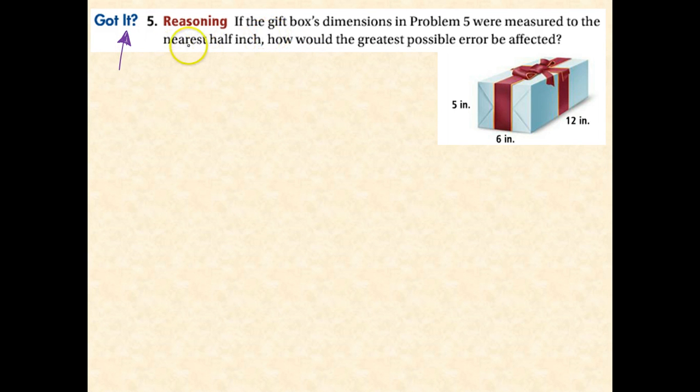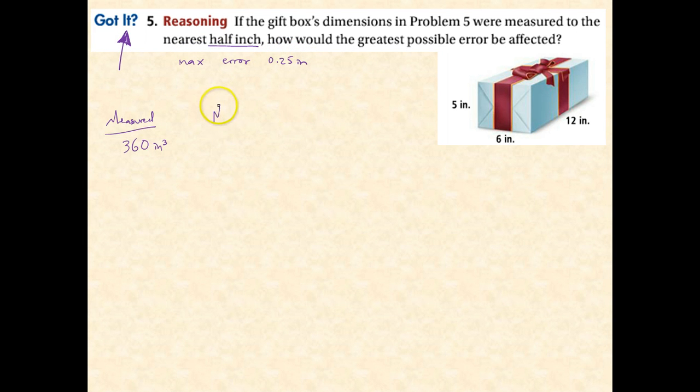What if they were measured to the nearest half inch? Well, I remember that my measured volume was 12 times 6 times 5, which was 360 cubic inches. If I'm measuring to the nearest half inch, my maximum error in a single measurement would be 1/4 of an inch.